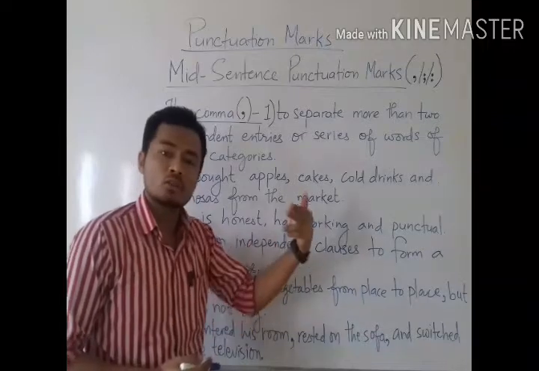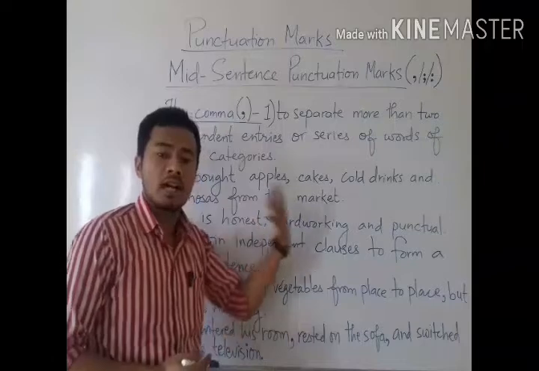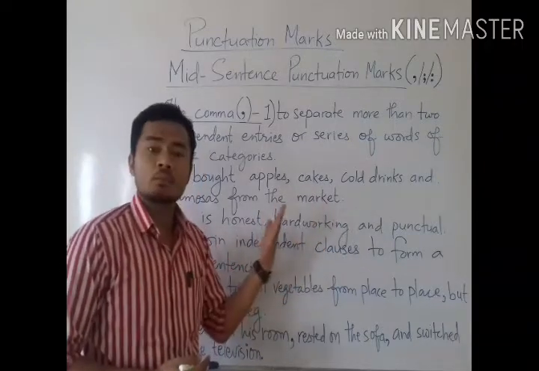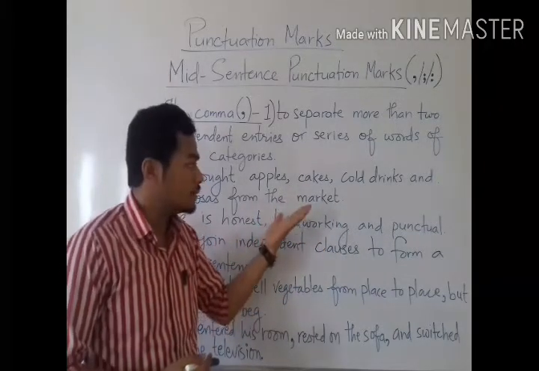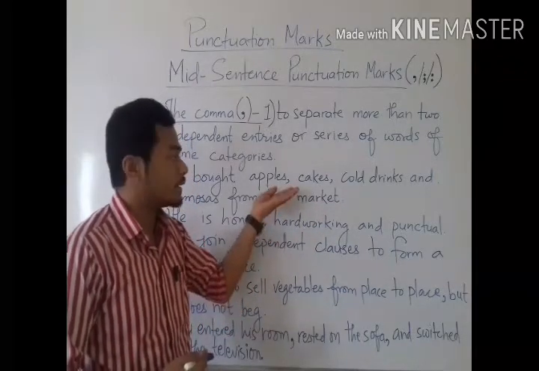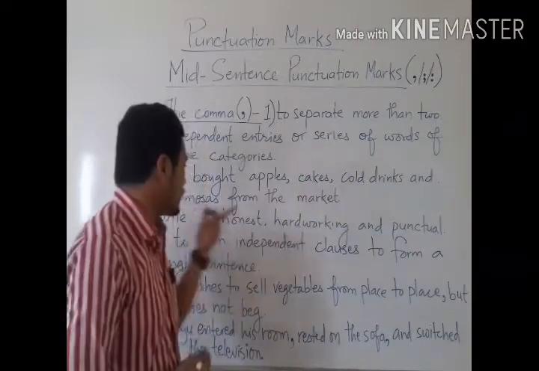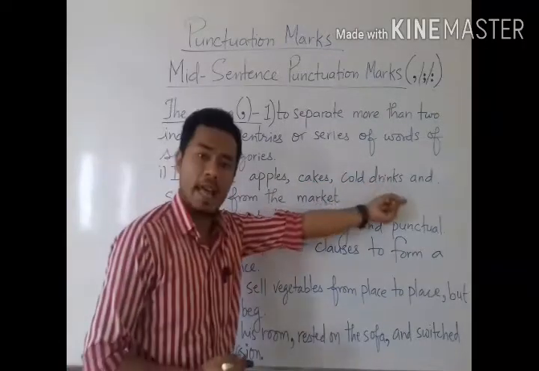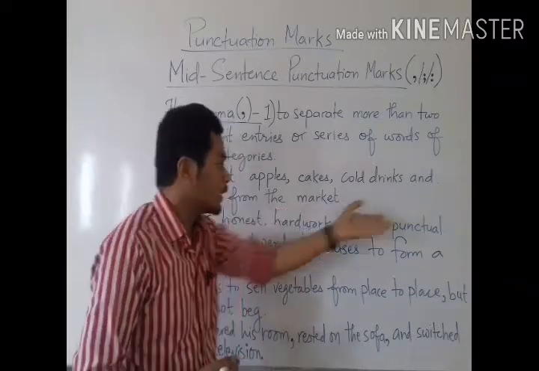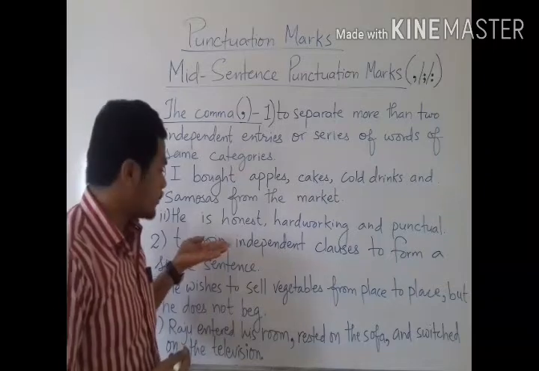Other words in the series are separated by commas. Like here I have separated apples, cakes, cold drinks, but before samosas I have written and. Okay, so in the same case we have example number 2.